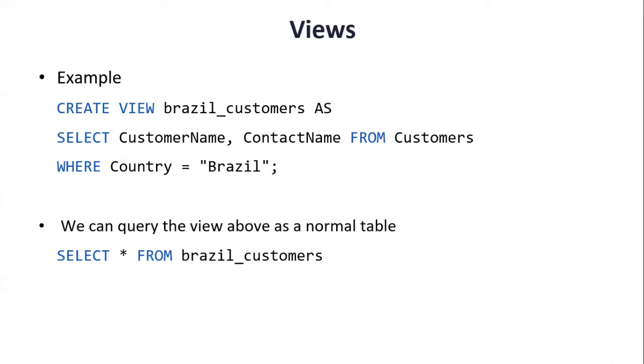So we no longer have to write this particular SQL query again to select all customers from Brazil, because we already have it as a virtual table or a view. It will behave mostly like a table. If you use a GUI client application, you can browse it just like a normal table, and it will show all the columns and records available.